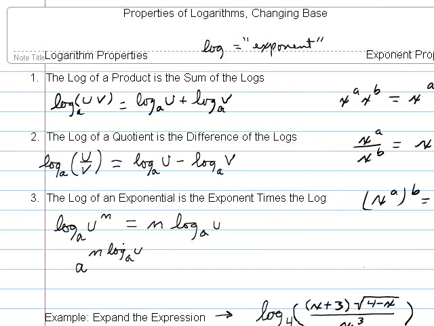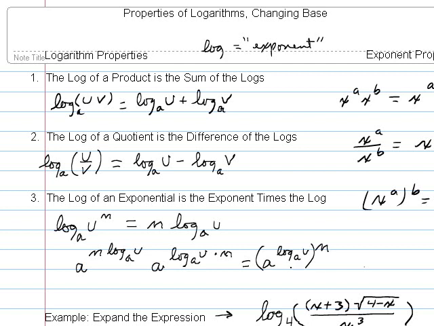So it's n times this number, and since multiplication is commutative, that's the same as the number log a of u times n. And if you look at your last rule of exponents, x to the ab is the same as x to the a to the b power. So I could call this a to the log a of u, to the n.